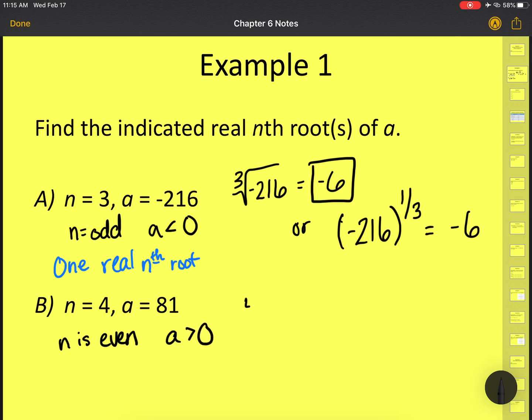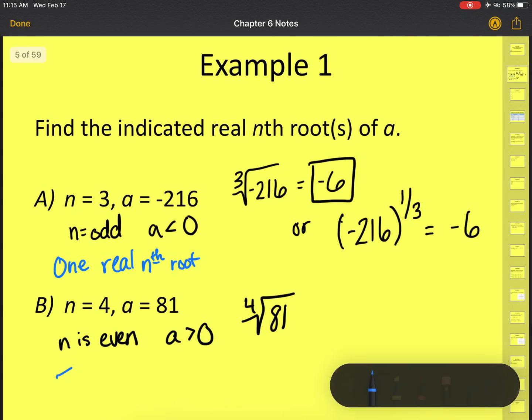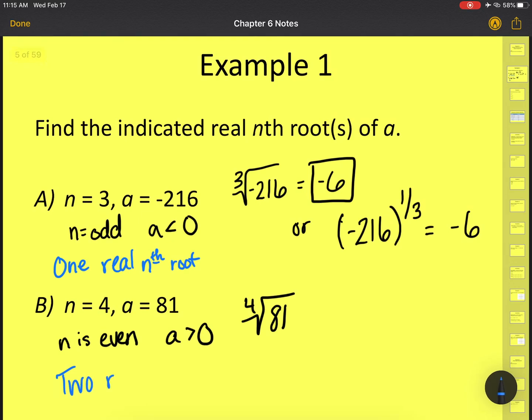So if we do this one, the fourth root of 81, according to what we talked about before, if we have an index n that is even, and our a underneath that radical is greater than 0, we're going to have two real nth roots.